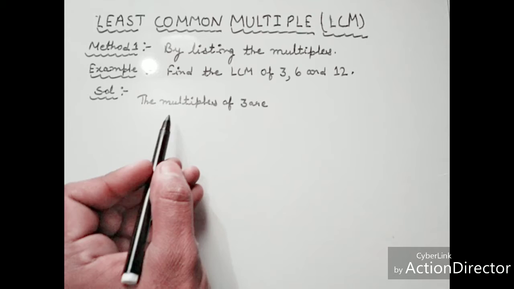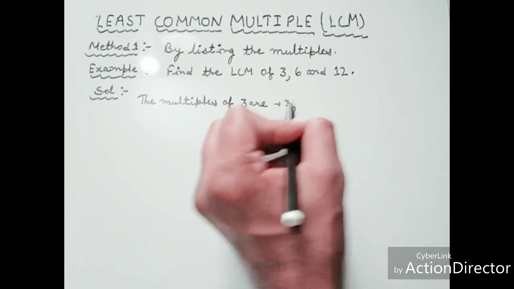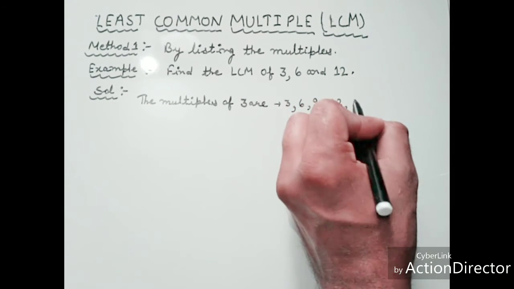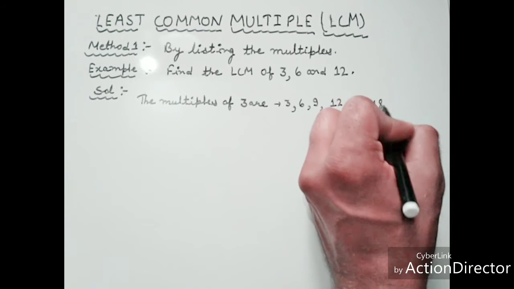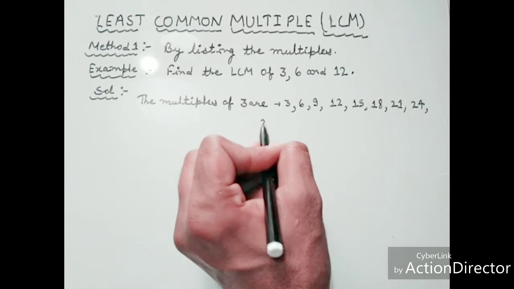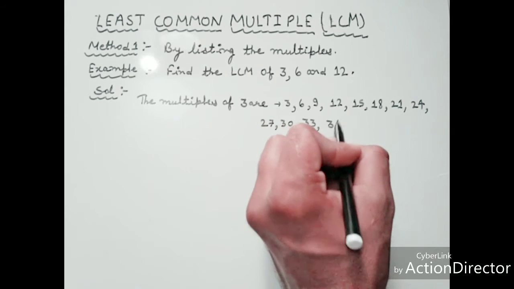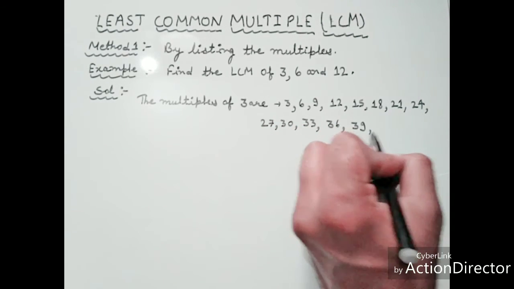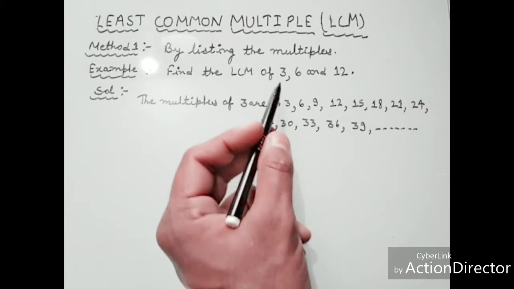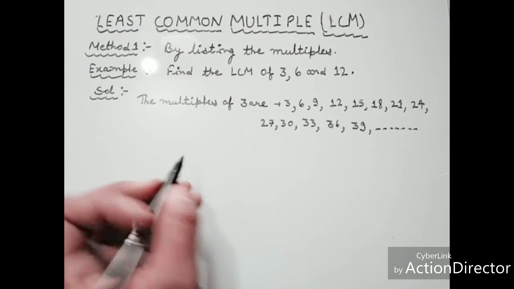Multiples of 3 are 3, 6, 9, 12, 15, 18, 21, 24, 27, 30, 33, 36, 39 and so on. We can also write it as a table: 3 1s are 3, 3 2s are 6, 3 3s are 9, 3 4s are 12 and so on.